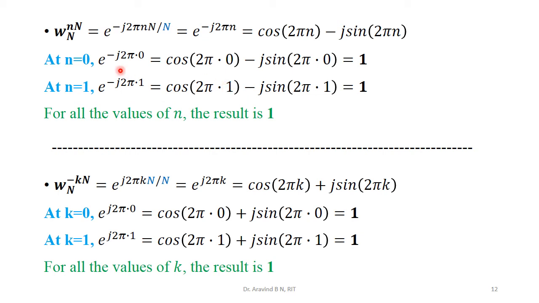Therefore, for a very simplified realization, if n is present here and in the power of the twiddle factor the same capital N is present over here, then its value is by default equal to 1, irrespective of whether small letter n is there or k is there or minus k is there.